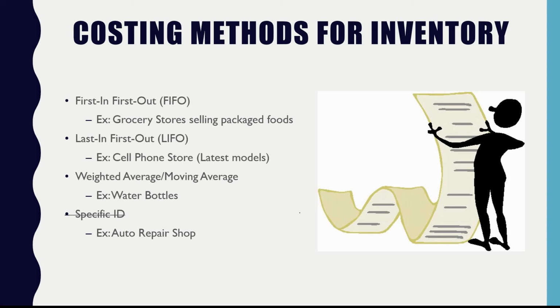So if I ask you what the different methods of calculating costs for inventory are, and I say specific ID is one of them, and you say it's not, that is wrong. Okay. So now that I explained the different types of costing methods that exist for inventory, let's get started with the very first one.